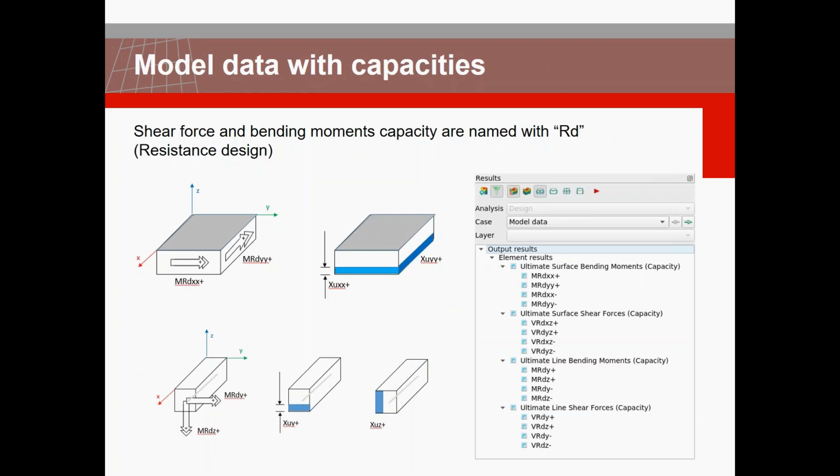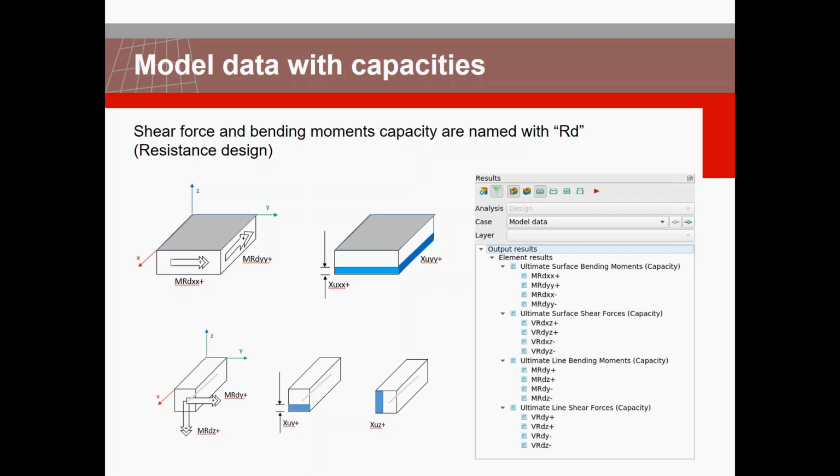Now you can see that in Diana we have the capacity calculated in both surfaces and in composed lines, which you can see over here in the result browser. For the surfaces, we have 4 capacity results, and that is related to the XX and YY, exactly the same as for the curved shell elements. So a moment MRD, the RD is for resistant design, XX plus is a positive bending moment around its local Y direction.